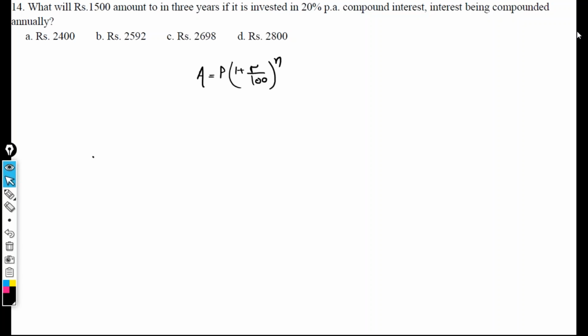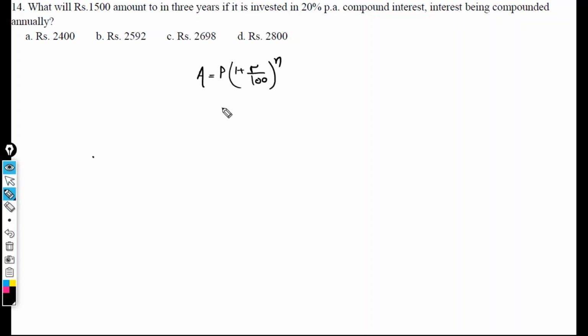Ranveer, be quick. Right, right. Good, good. All are correct. So let's do it, guys. I think everyone has done it.